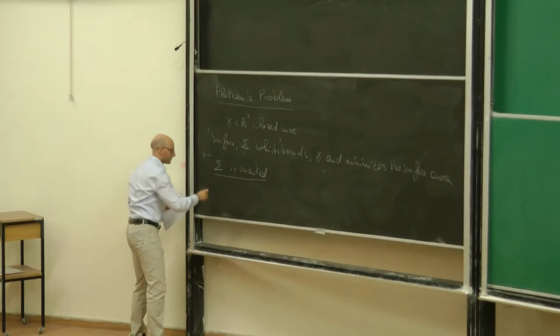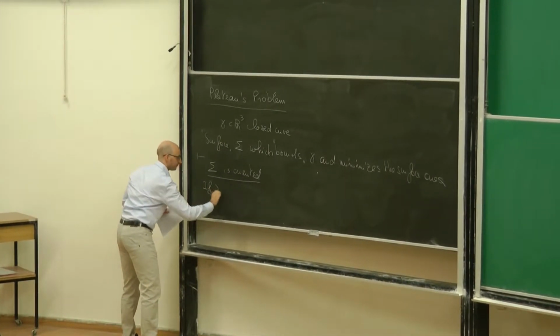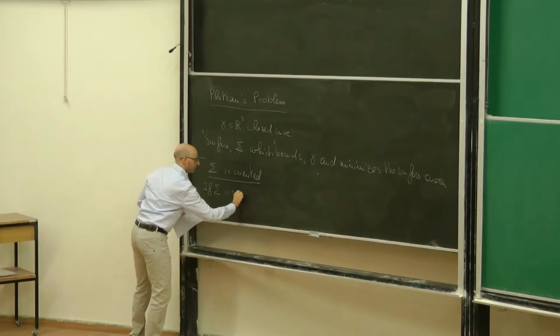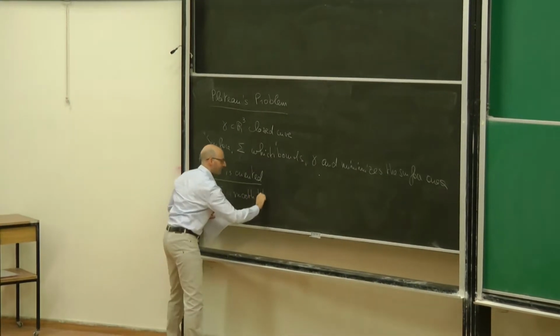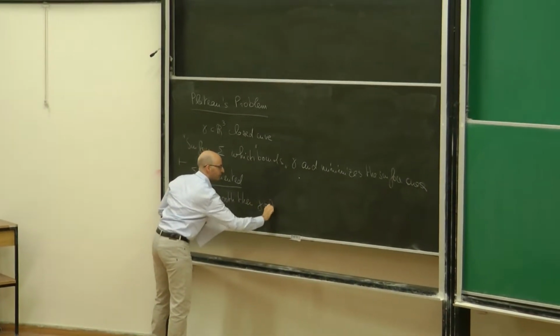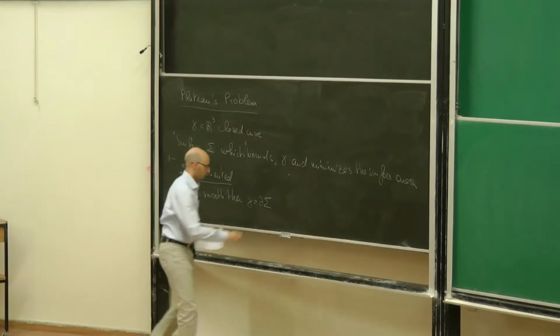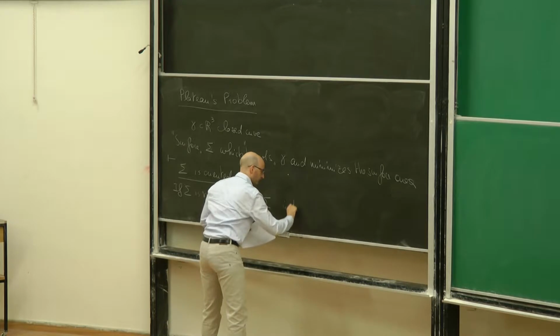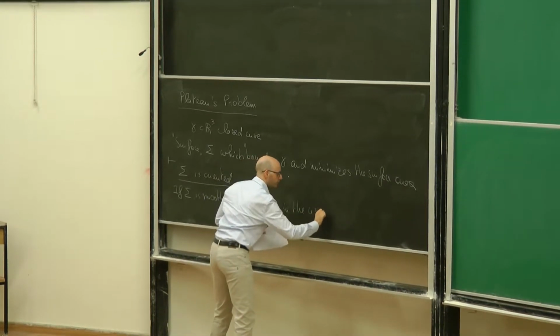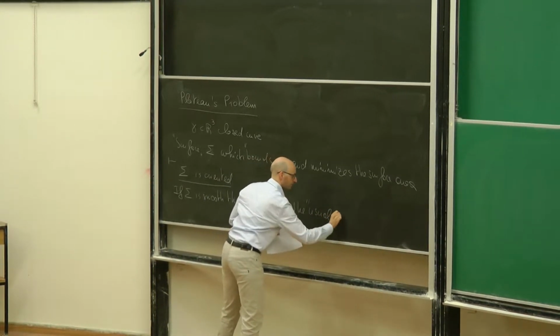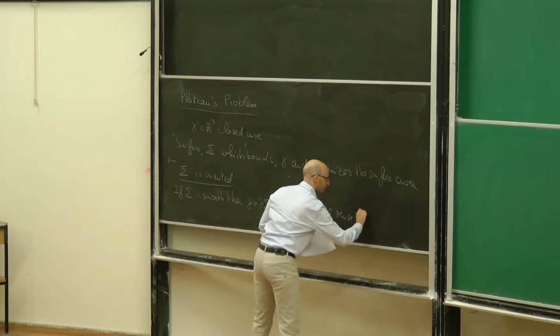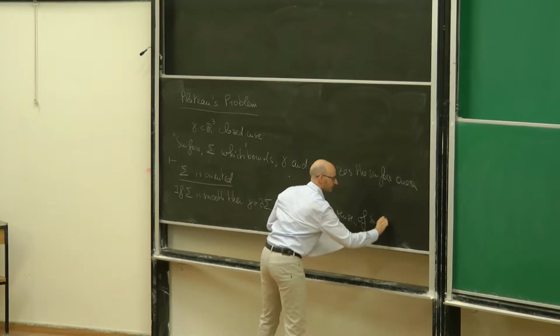And if sigma is smooth, then gamma is the boundary of sigma in the usual differential topological meaning, so in the usual sense of smooth submanifolds.